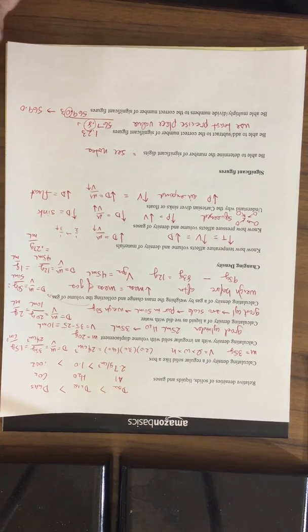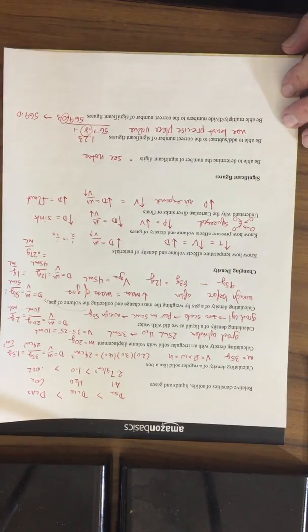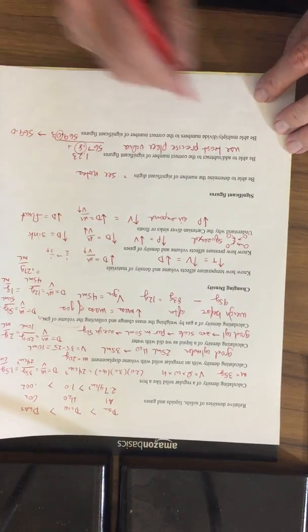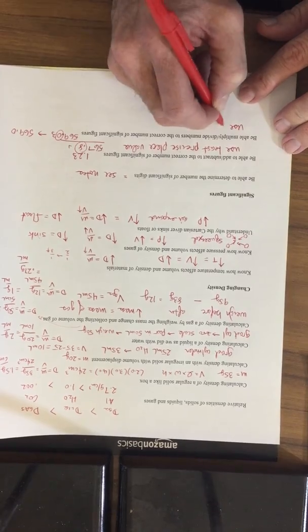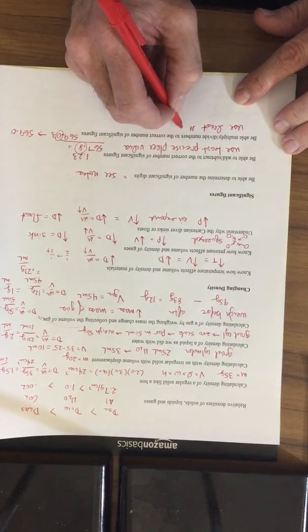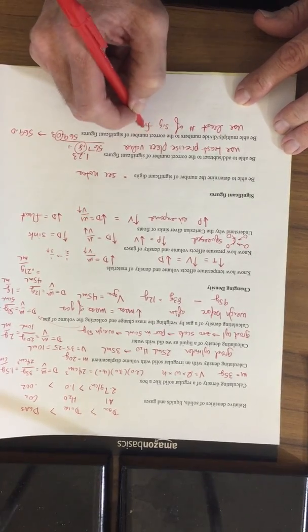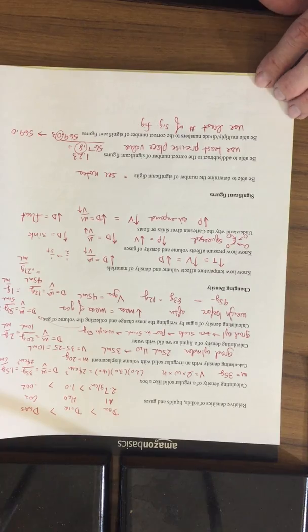Now, multiplying and dividing to the correct number of significant figures, we'll do a couple examples here. In this case, we use the least number of significant figures. I'm going to abbreviate that.